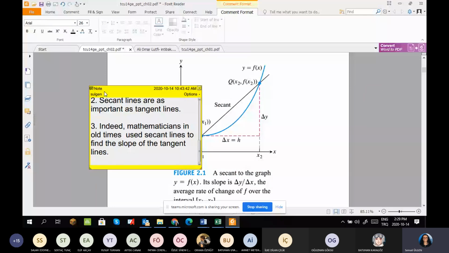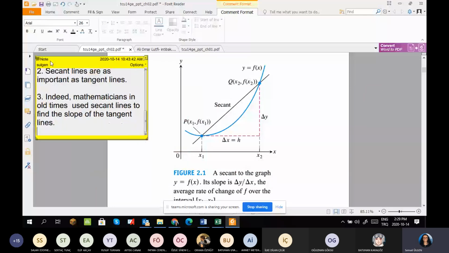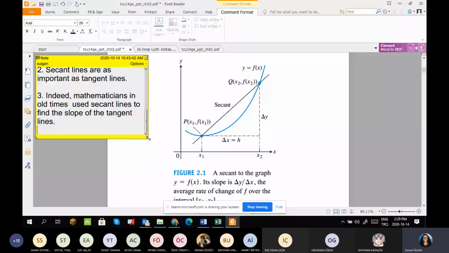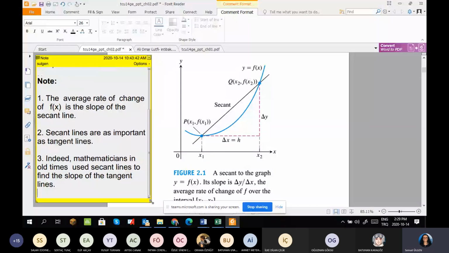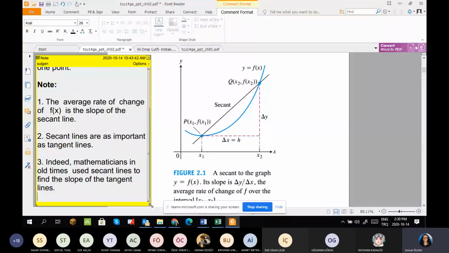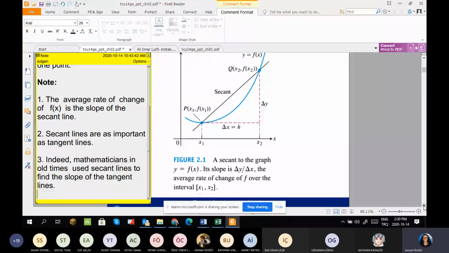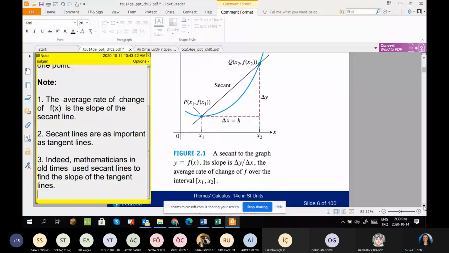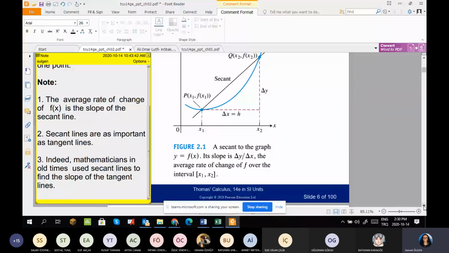Later on, they built the theory. They built differentiation, and then they said that if you take the derivative and evaluate at a point, you get the slope. But all this differentiation came from these secant lines, these average rates. This is the background of all these differentiation tools.